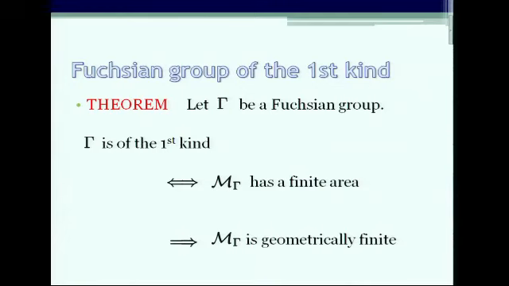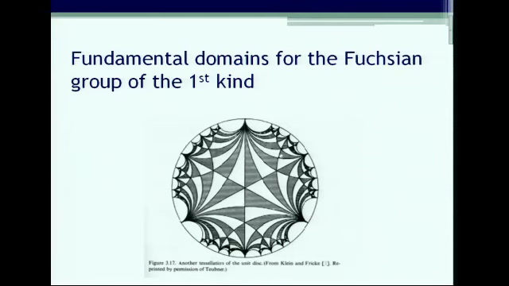It then implies that M gamma is automatically geometrically finite. If you open a book on hyperbolic geometry, you see this sort of picture. This is a standard fundamental domain for the Fuchsian group of the first kind. Here you have the cusp, and you don't have the regular infinity because the fundamental domain has a finite measure.